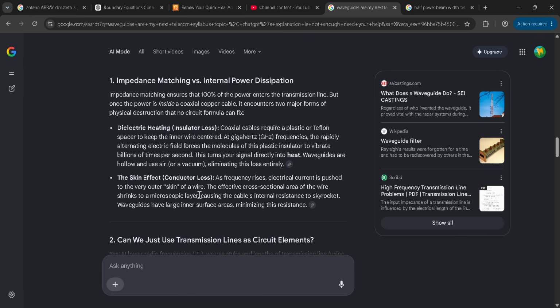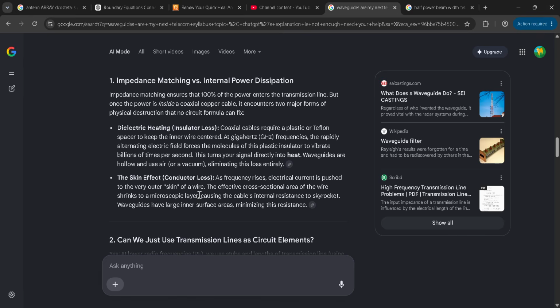Second, the skin effect, or conductor loss. As frequency rises, electric current is pushed to the outer skin of the wire. The effective cross-sectional area of the wire shrinks to a microscopic layer, causing the cable's internal resistance to skyrocket. Waveguides have large inner surface areas, minimizing the resistance.